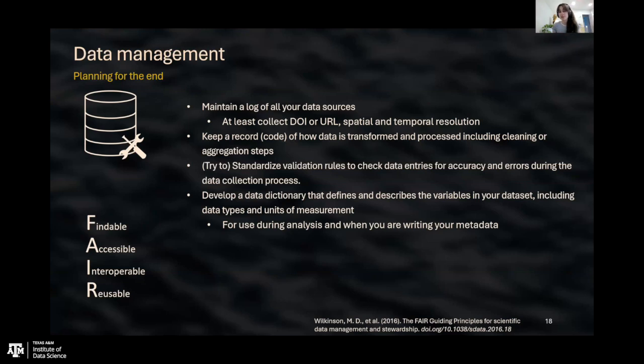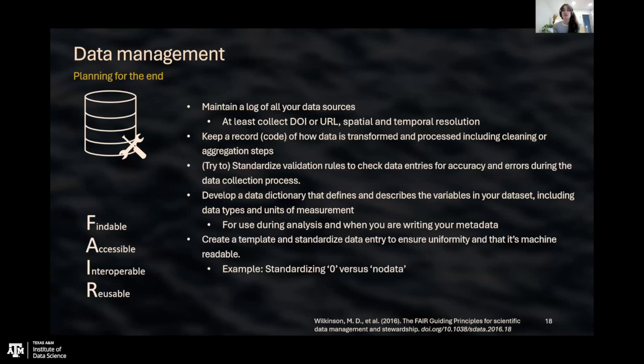Again, keep a data dictionary for all the variables in your data set. This will help you when you're building your metadata. And then create a template or standardize data to ensure uniformity, so it's machine readable.